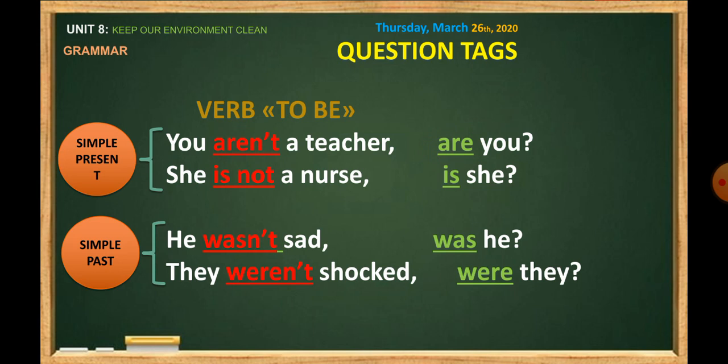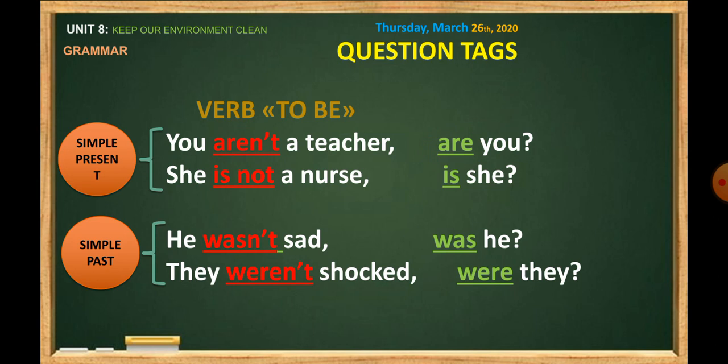You aren't a teacher are you. good. for he and she and it كتكون عندك is. she is not a nurse is she. he is not a doctor is he, etc.